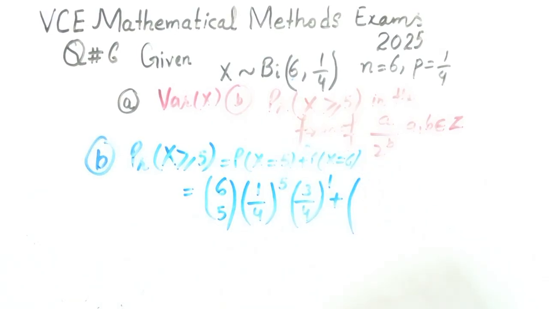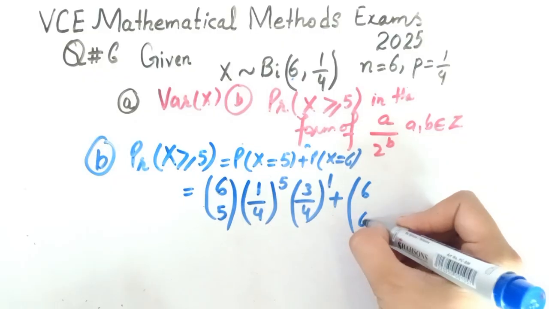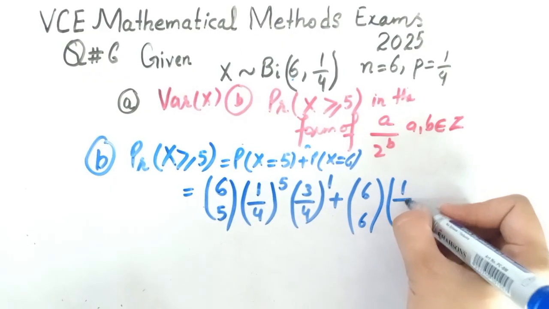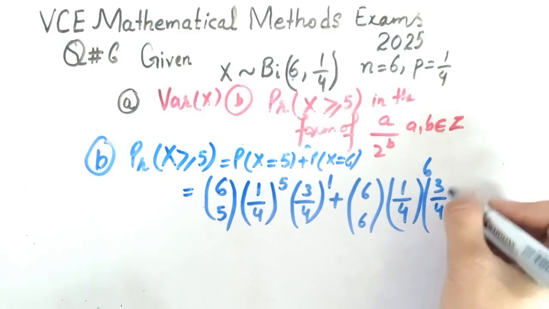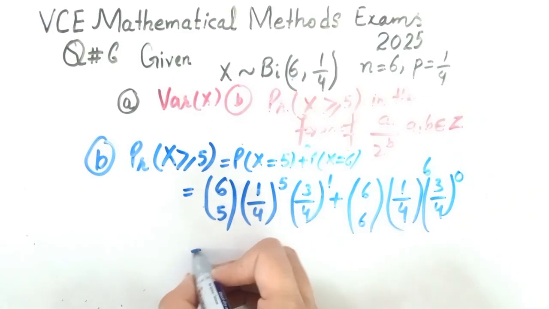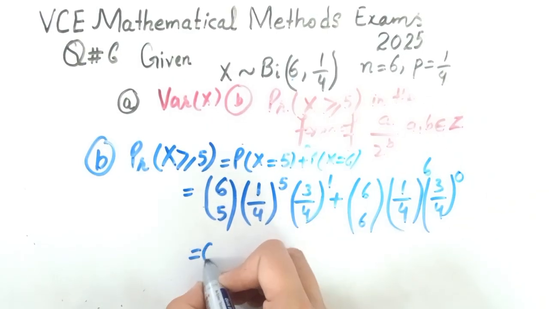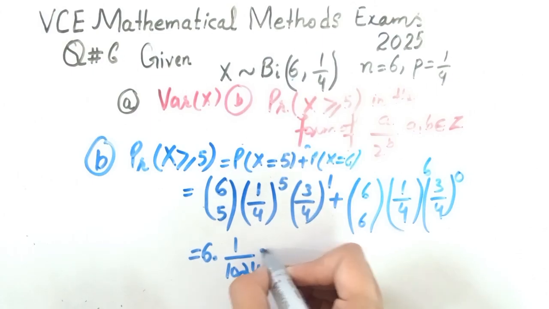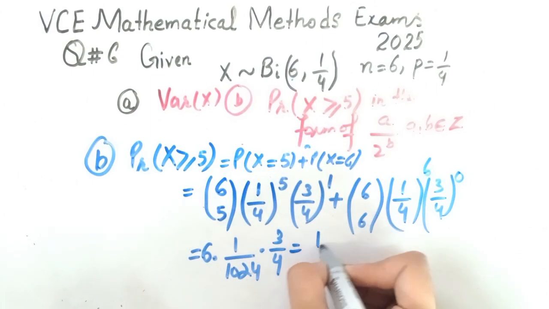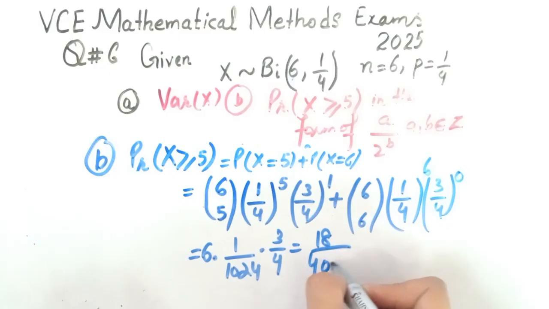And the other is 6 choose 6, 1 by 4 power 6, and 3 by 4 power 0. So it will become 6 times 1 by 1024 times 3 by 4, which is 18 by 4096.